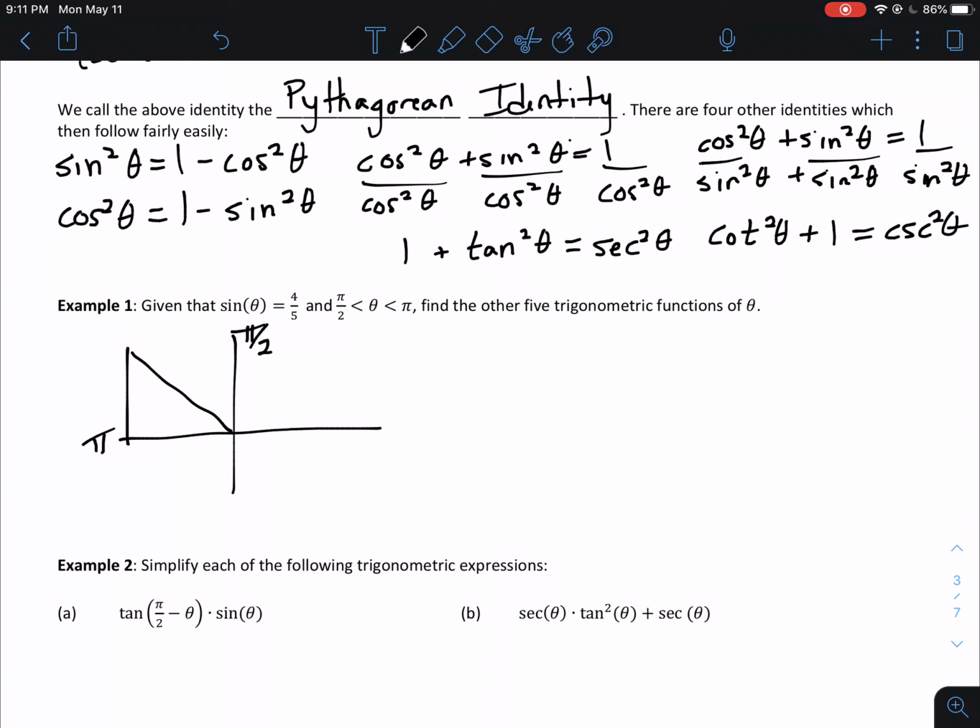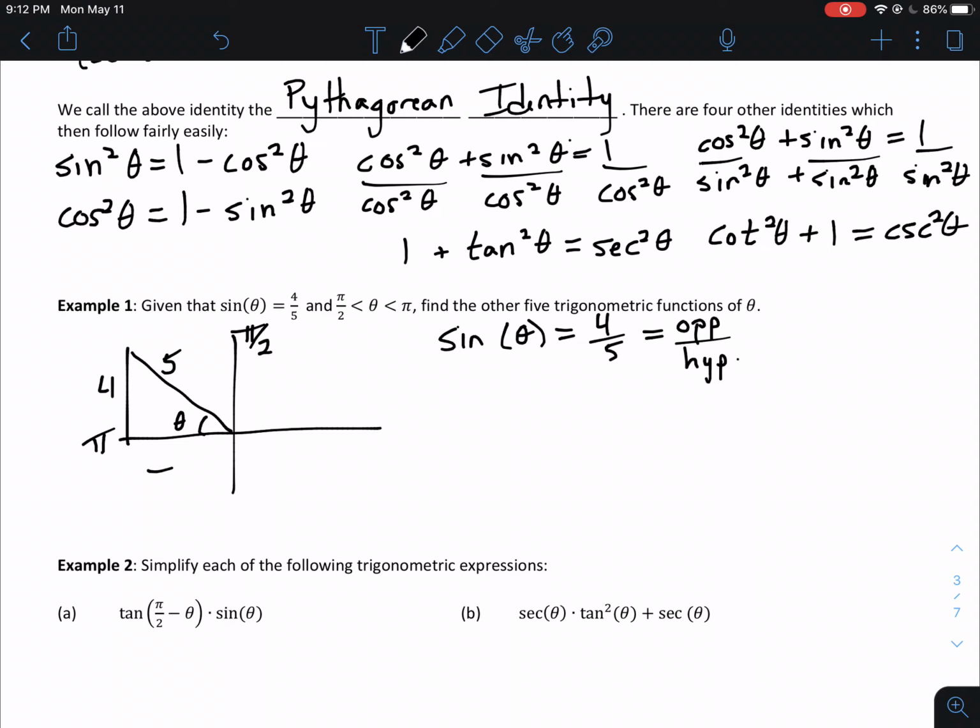But remember, sine is the same as taking your opposite side divided by your hypotenuse. So in terms of our angle theta, the opposite side, 4, would be this side, and the hypotenuse, which is this side, would have to be 5, which really means we're just missing one of these sides.